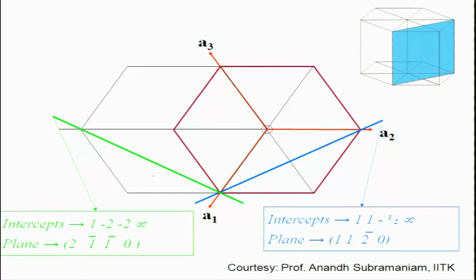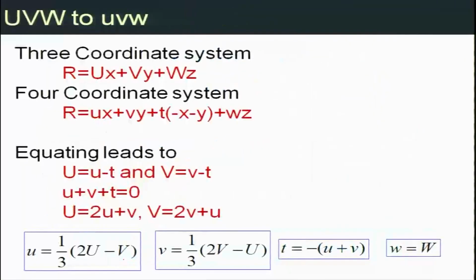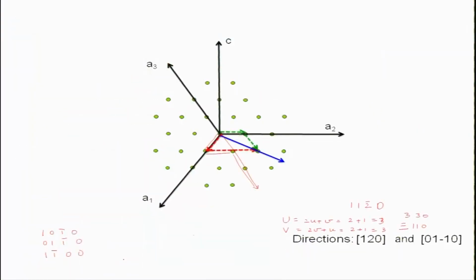This is another example of a plane, which is 2 bar 1 bar 1 0. Okay. So 2 bar 1 bar 1 0 looks something like this. Remember, you should always ensure in all these that the sum of the indices is equal to 0. So 1 1 bar 2 0, sum of these 3 is 0, sum of these 3 is 0, sum of these 3 is 0, sum of these 3 is 0.